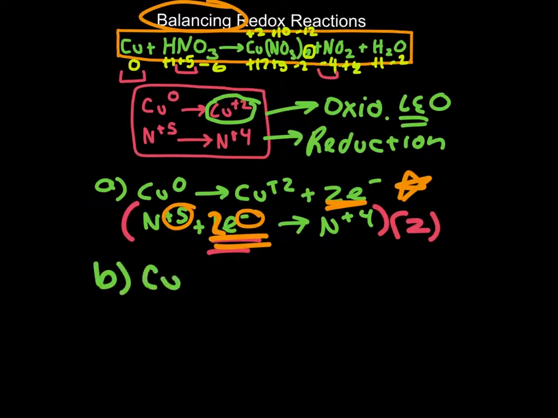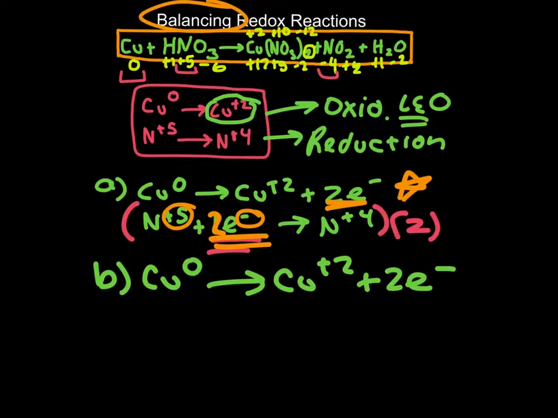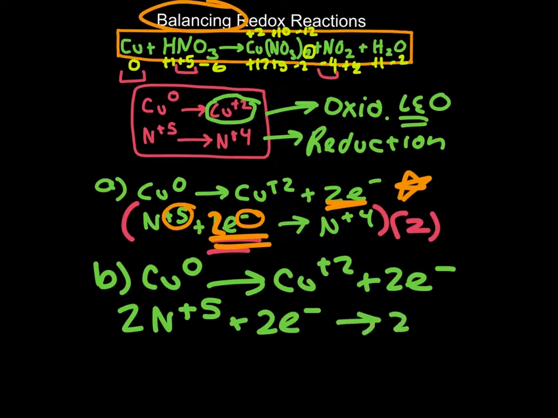Our copper with a 0 charge, nothing happens to it. We don't need to add any more electrons. We've already got our 2 electrons here. But our nitrogen with our +5 charge now is going to have 2 electrons here, and 2 N +4. Okay, realizing and balancing electrons here is the key to balancing the equation.